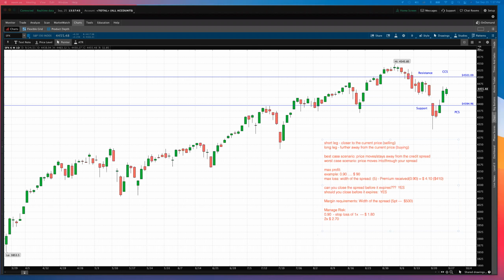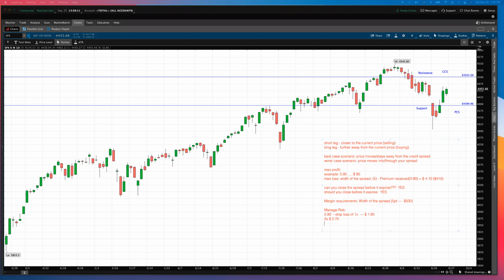Do I need to lose that much money to know that I'm wrong? What do you guys think? At which point do you know that you're wrong? When you're hitting 1.5x, 2x, some people actually go to 3x. I've seen some people go to 3x.